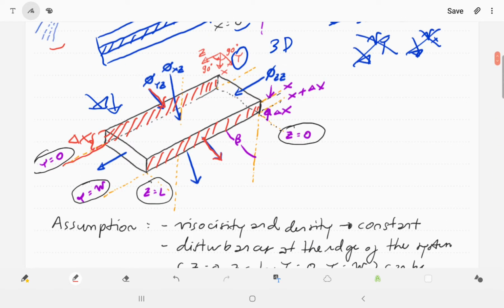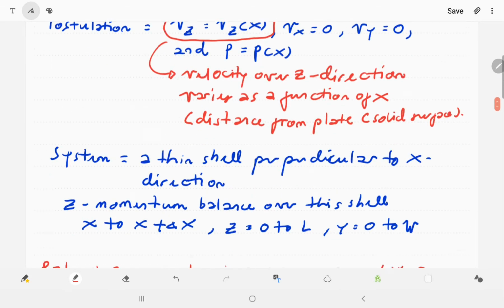Okay, so this was the in. Then we need to inspect the out. The same surface area is used again.